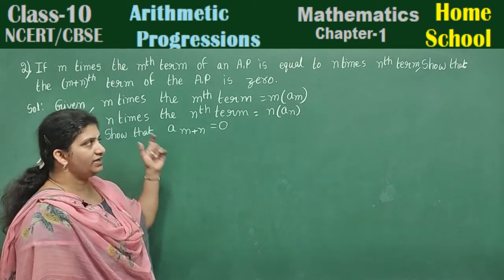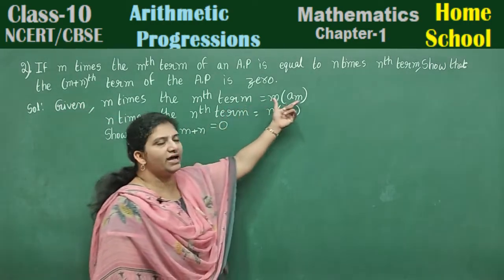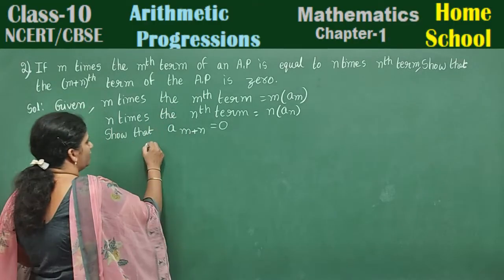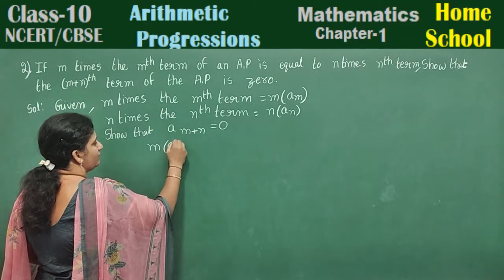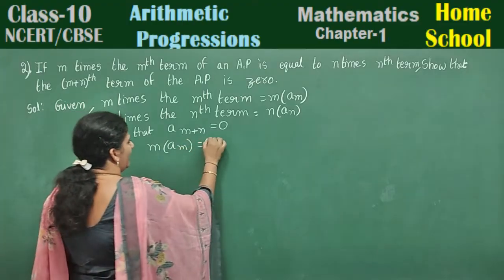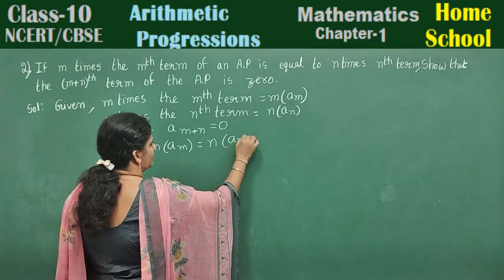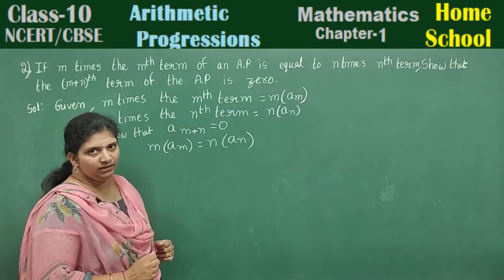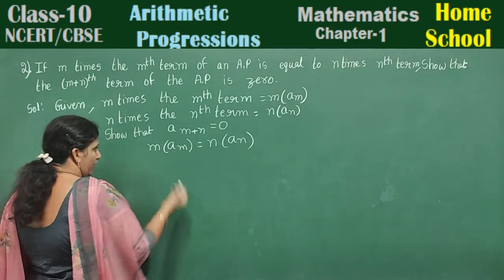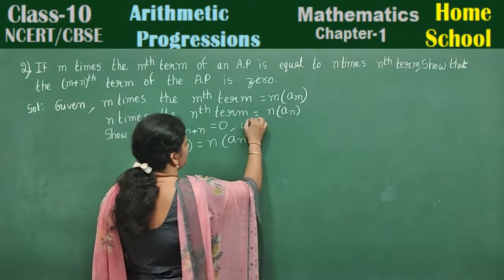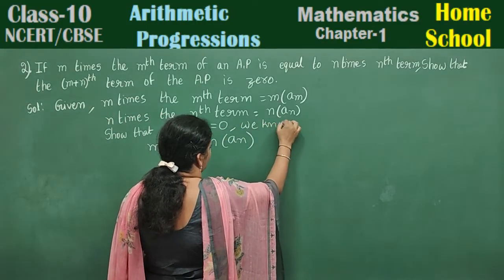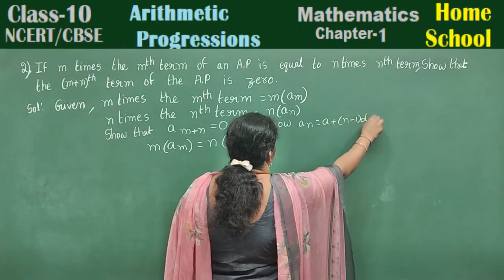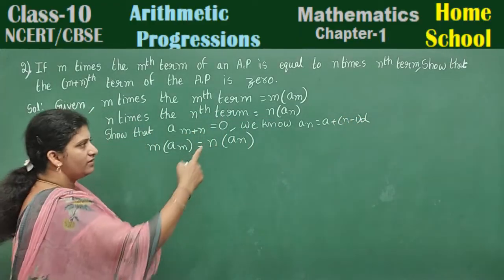Okay. Now let's equate these two. M times the mth term is equal to n times the nth term, as given. So the equal to symbol here. As we all know, what do we know, children? We know an is equal to a plus (n minus 1) into d.